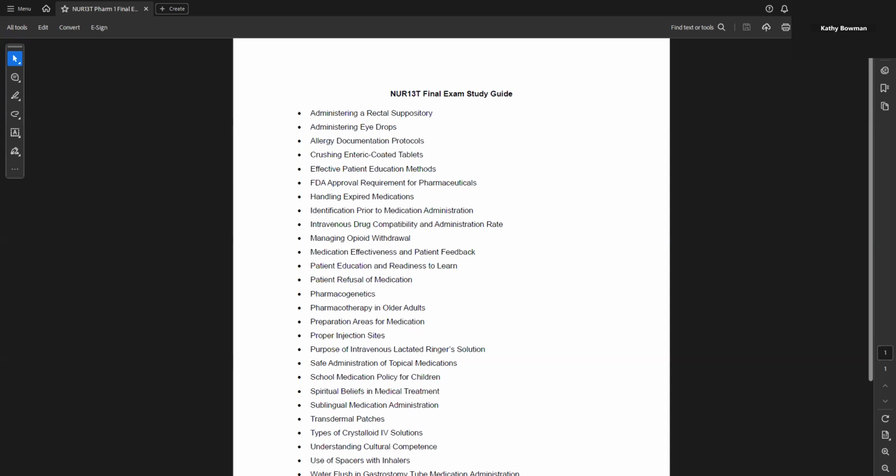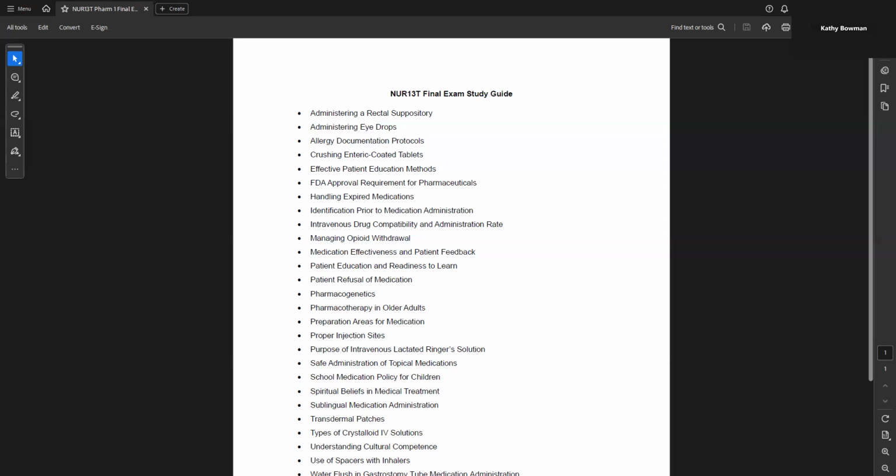Mantu, TB, PPD, they're all synonymous. And then there's the allergy test also, all given intradermally. And you were already tested about the needle size. Well, it didn't come up on your test, but you were supposed to learn it. So you should know the needle, the angle, okay?